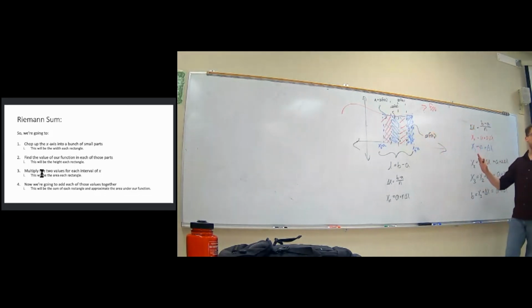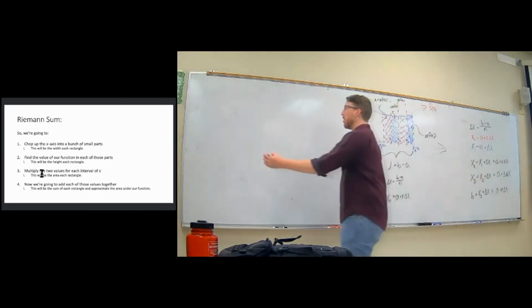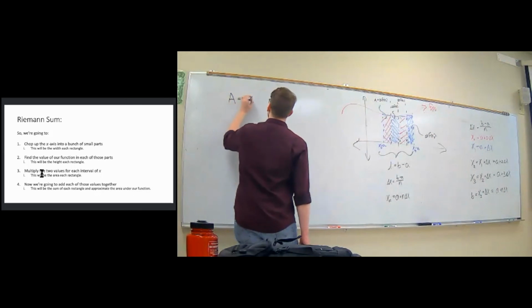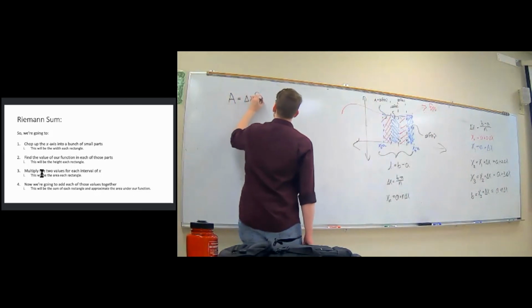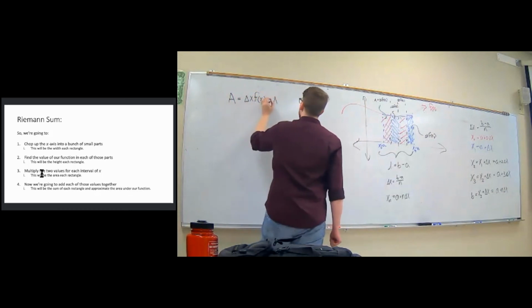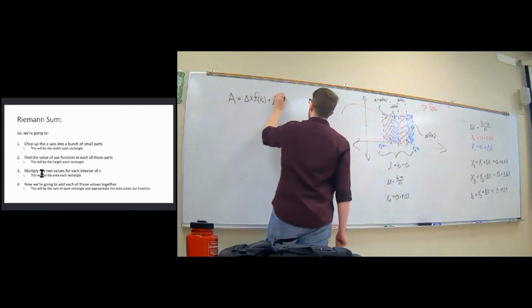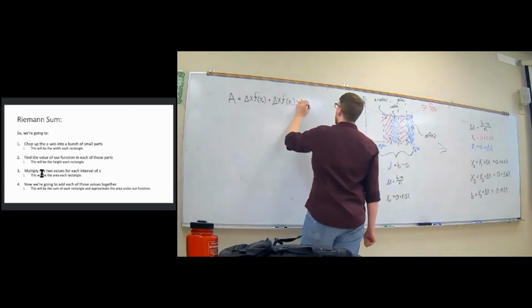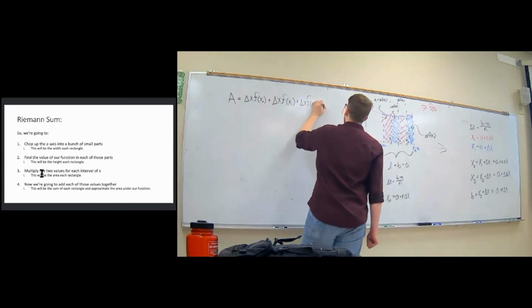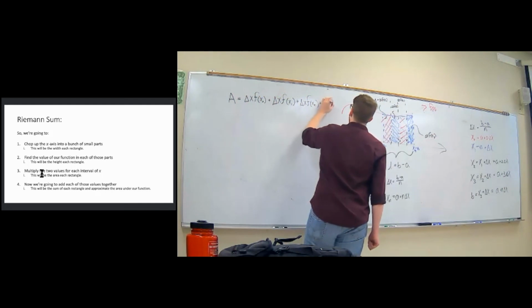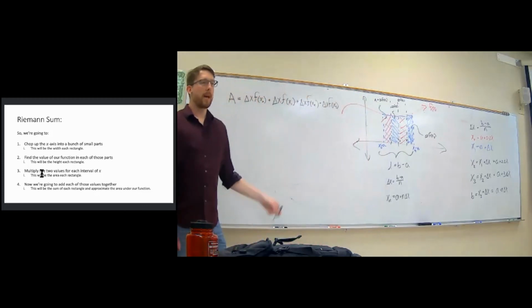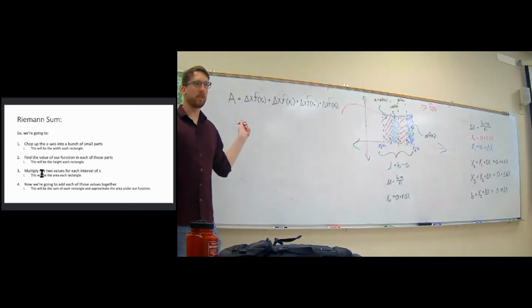So the entire area of this, let's call it capital A, is equal to delta x times f at x0 plus delta x times f at x1 plus delta x times f at x2 plus delta x times f at x3. We can abbreviate that using the notation we just said.